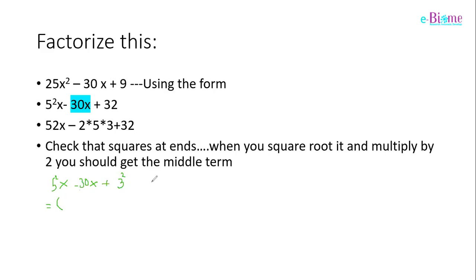So that's 5 times 3, which is 15, times 2, which is 30. So that's 30, and that gives us the middle term. And so that tells us that this expression is a perfect square. But do we understand that?